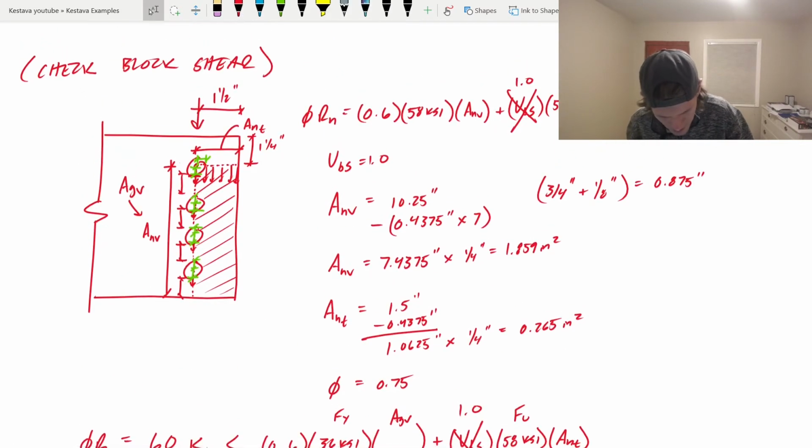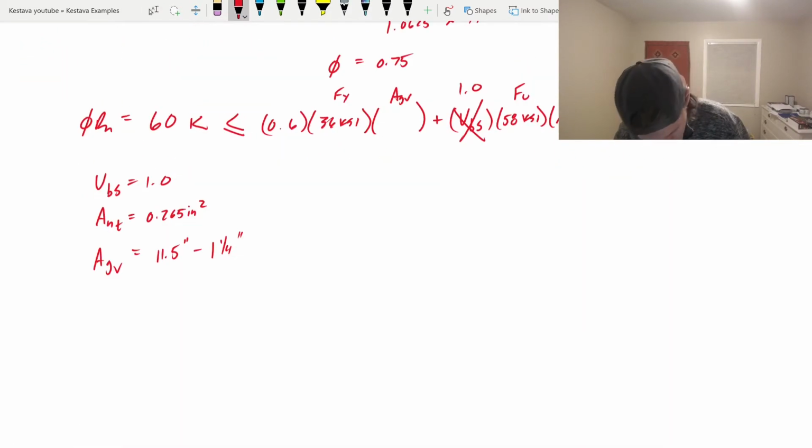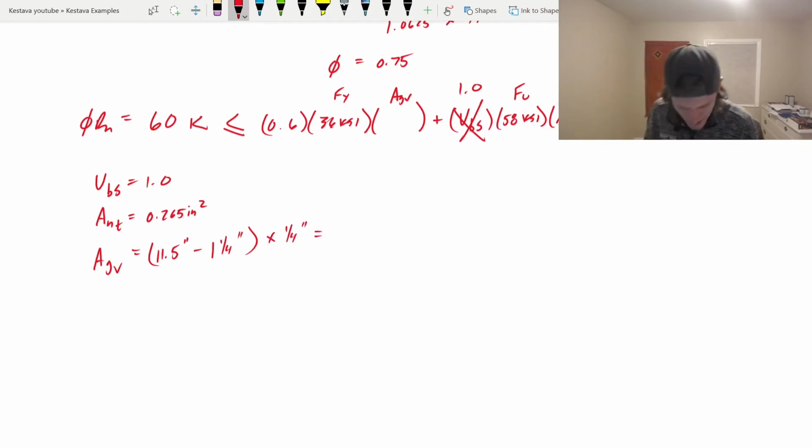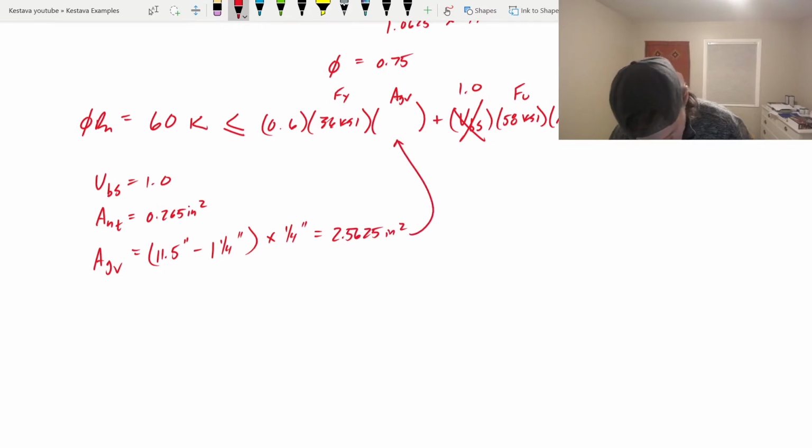That 1.25 inch being this right here. And then that would be times the thickness of your plate, which is 1/4 inch. That's going to equal 2.5625 inches squared.